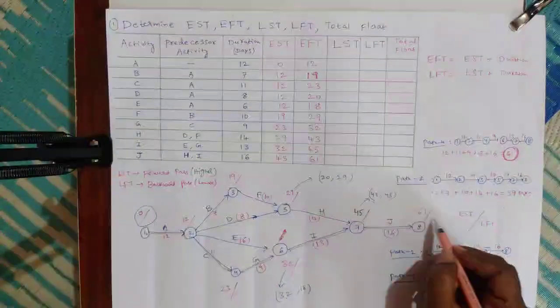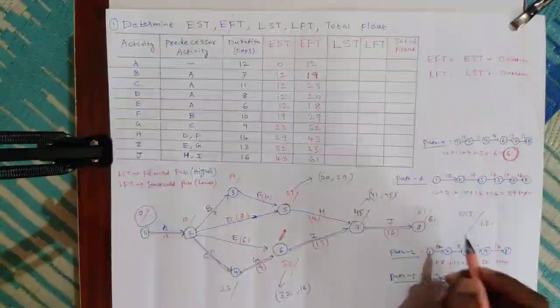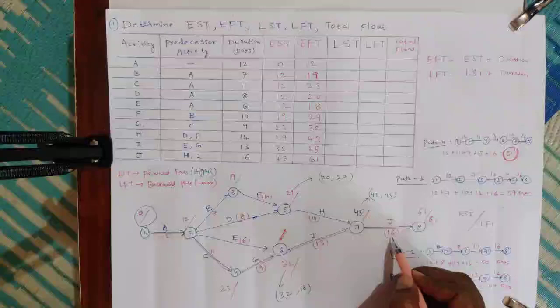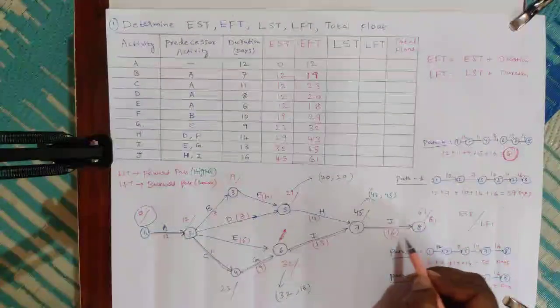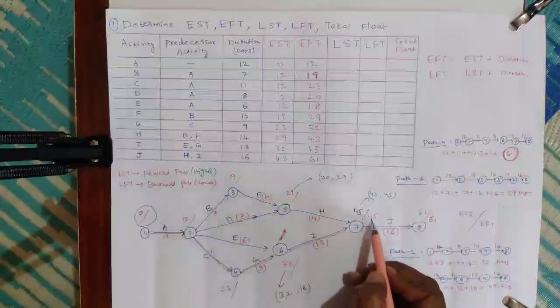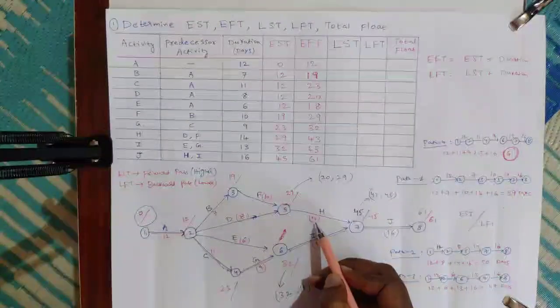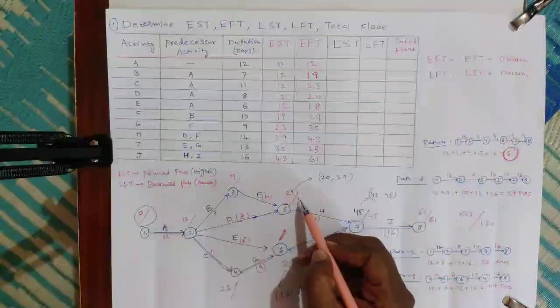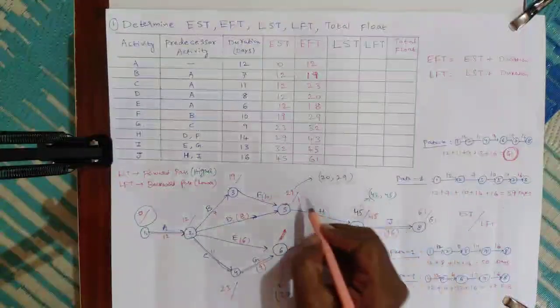First one here is 61. Here also we will write 61. And 61 minus 16 is 45. I will write 45. Similarly, 45 minus 14 is 31.